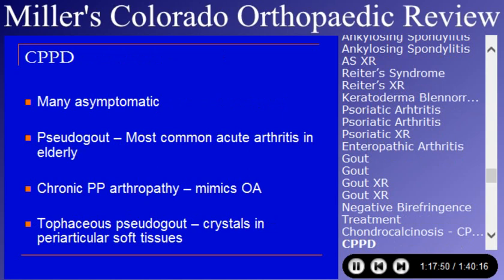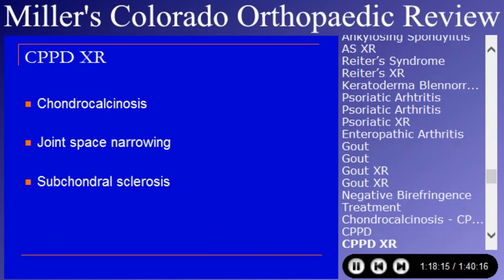Pseudo-gout, as it is sometimes called, is the most common acute arthritis in older people. Chronic pyrophosphate arthropathy mimics osteoarthritis. One can get tophaceous pseudo-gout where the crystals form periarticular soft tissue masses, but again, they're calcium pyrophosphate, not monosodium urate crystals.